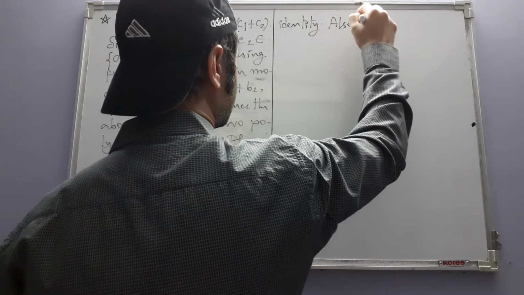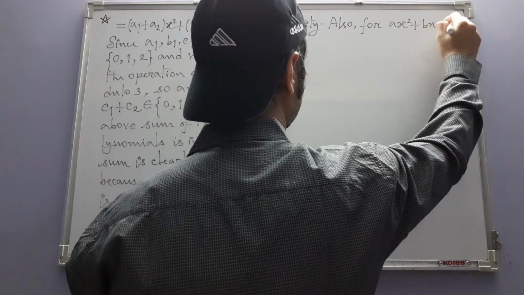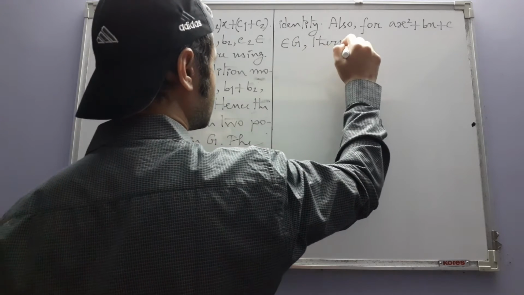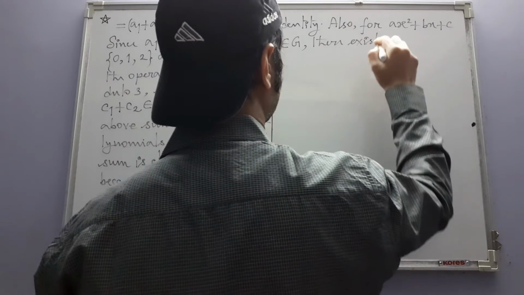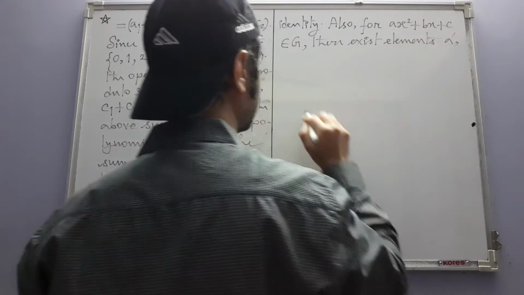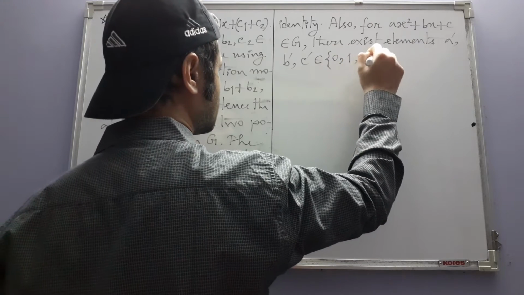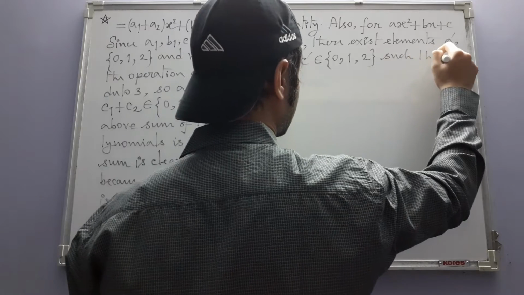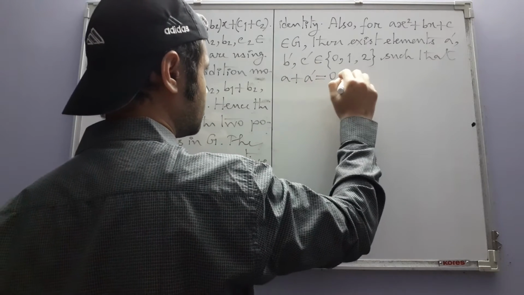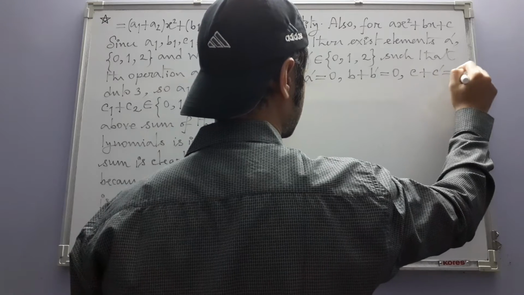Also, for ax square plus bx plus c belonging to G, there exist elements a prime, b prime and c prime belonging to this set such that a plus a prime is 0, b plus b prime is 0 and c plus c prime is 0.